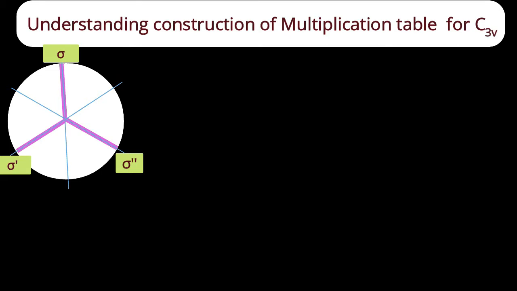If we move again in the anti-clockwise direction, then from the middle nitrogen to the right side hydrogen, the plane passing through that NH bond is sigma double dash. So while labeling the planes, I am moving in the anti-clockwise direction. The ammonia molecule has a C3 axis. That C3 axis is perpendicular to our representation and passes through the central atom, nitrogen. And whichever operations I perform by the C3 axis, meaning C3^1 and C3^2, will be in the anti-clockwise direction.